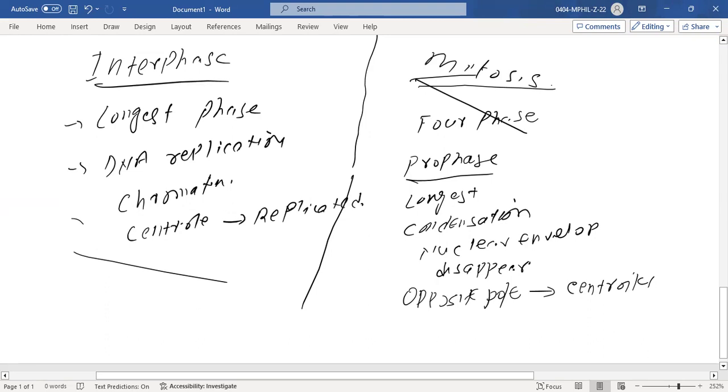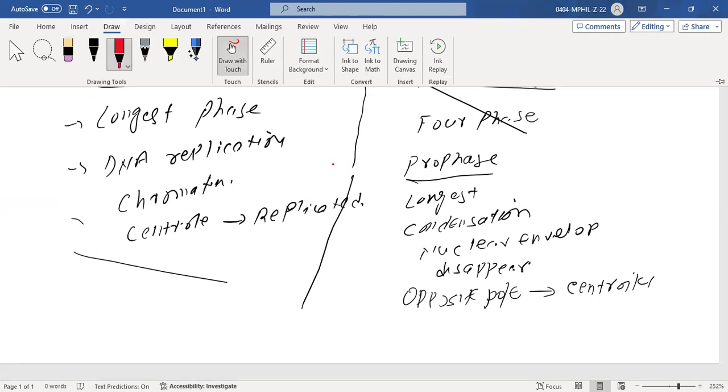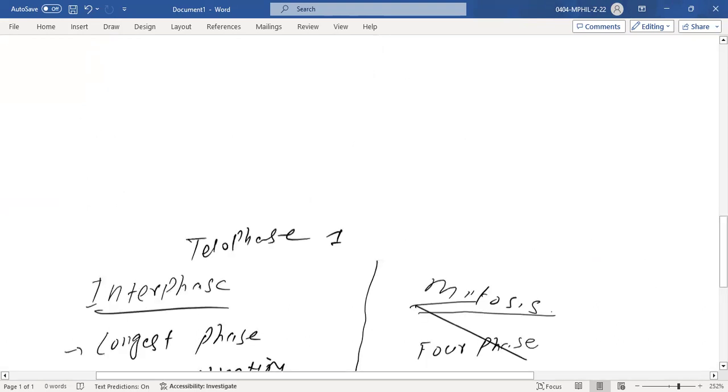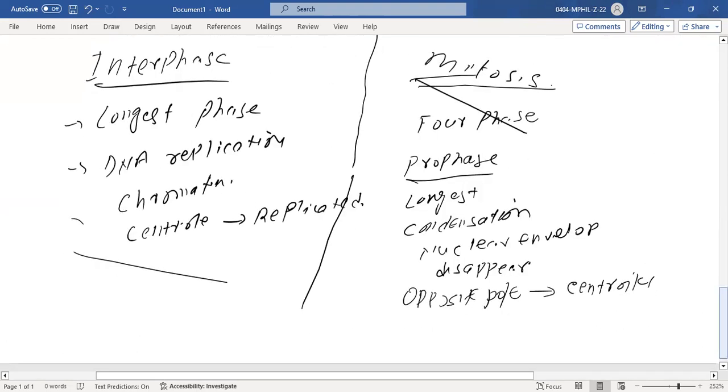Now then you have metaphase. Think about metaphase. Sir, in metaphase chromosomes will line up at the equator. Yes, line up at the equator.